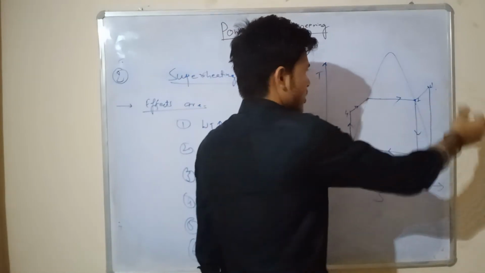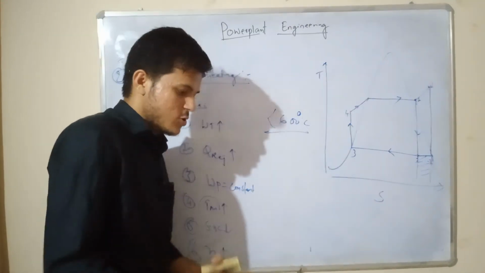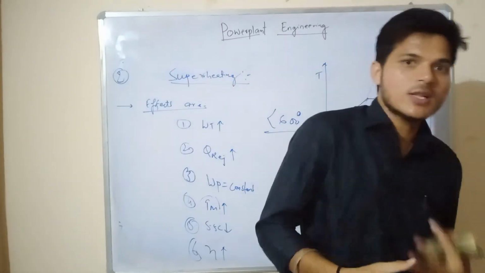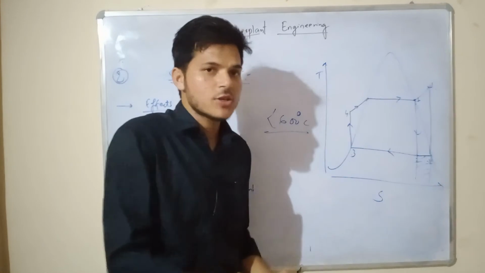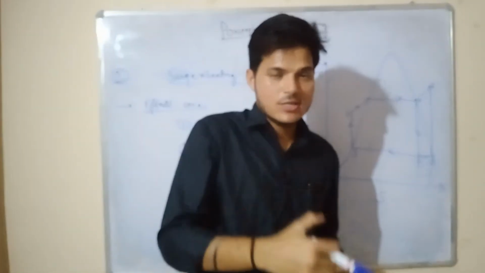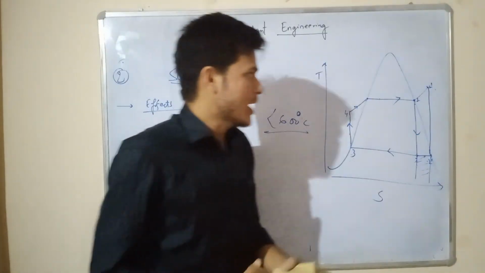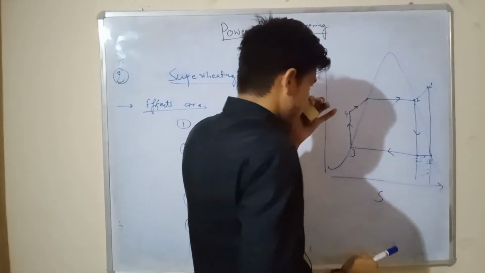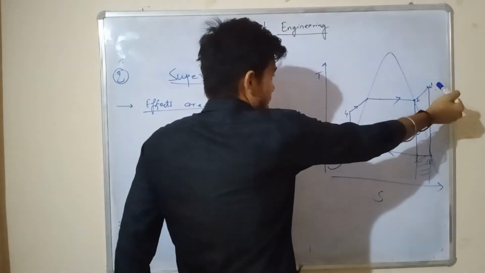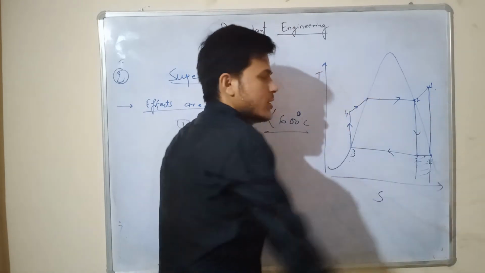It means there is a superheater, and inside the superheater there are coils. Those coils absorb some heat from the saturated vapor and help make concentrated steam, and that concentrated steam expands from 1 to 2 dash in a turbine.